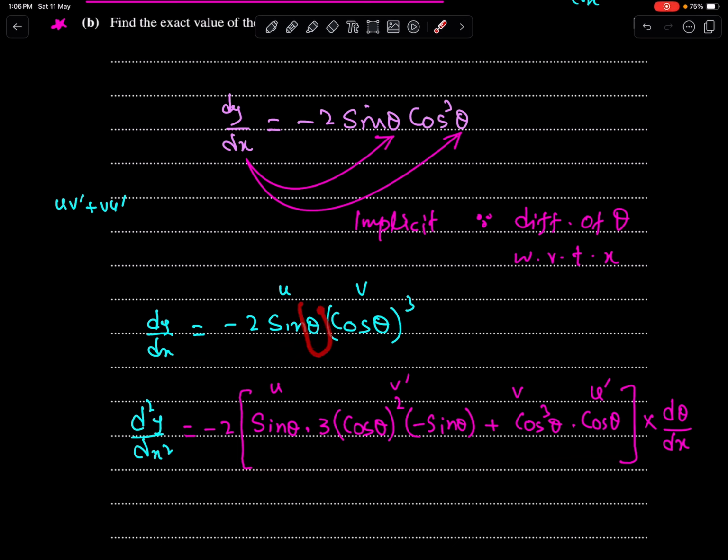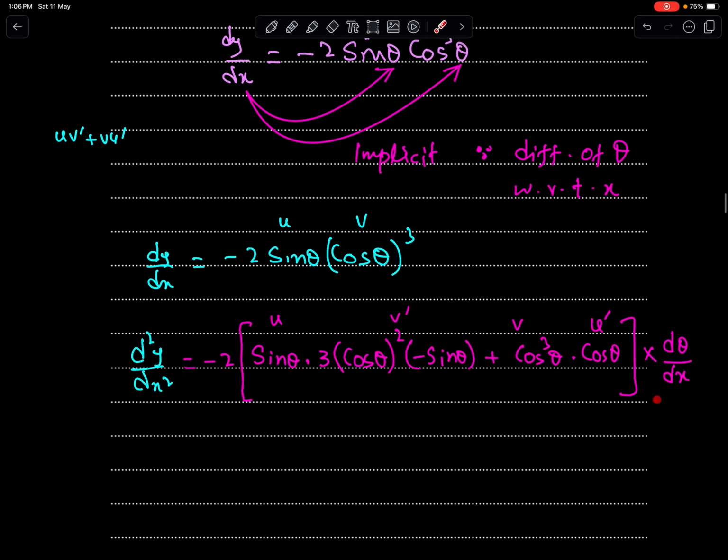And the gradient of this function is d theta upon dx. And this is the most important concept. Now we have minus 2 in bracket, we have minus 3 sine square theta cos square theta plus cos power 4 theta.